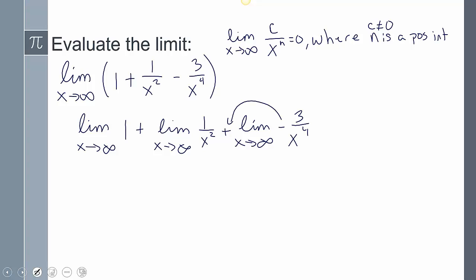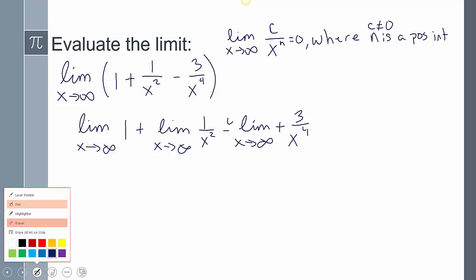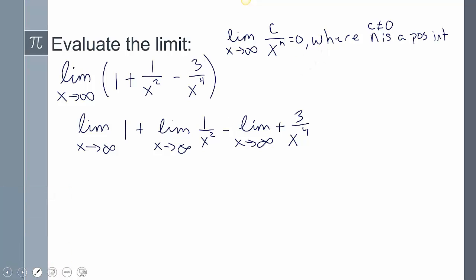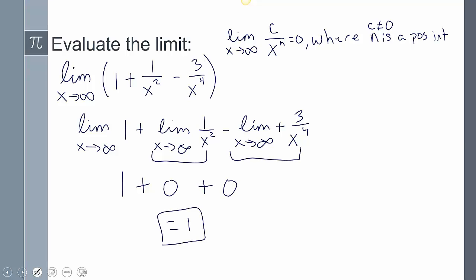I could bring that negative out there as well. Using this pattern, this is just going to be 1 plus 0 plus 0. And so I get 1.